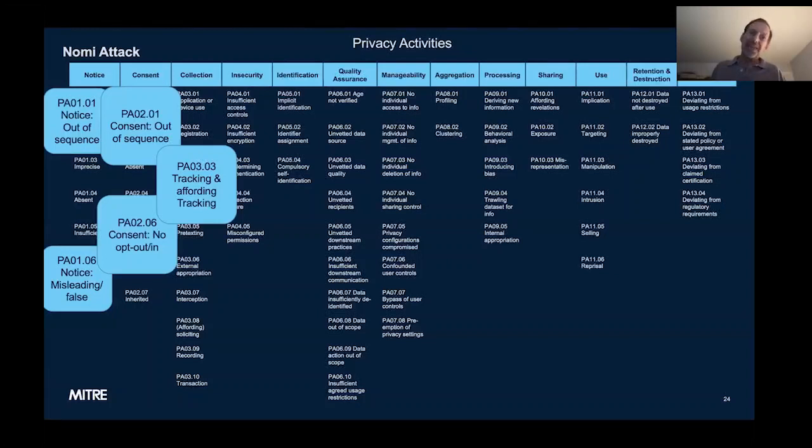But in this case, they were actually doing the tracking. NOMI was doing it through their Bluetooth sensors that were installed in these establishments. They were doing this by sniffing, which is to say they were capturing the emanations of these phones, these proxies for individuals, capturing the MAC addresses and hashing those to use as pseudo-identifiers.